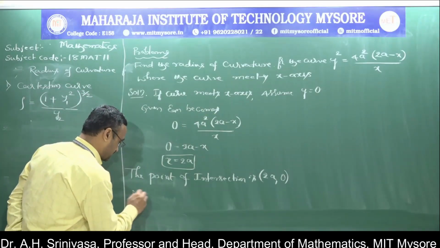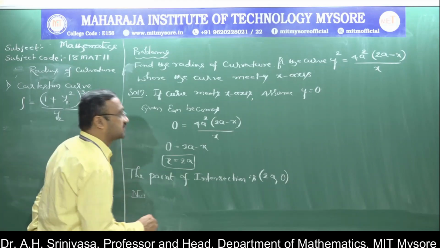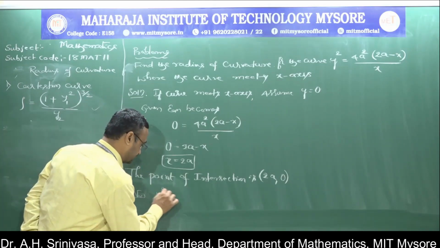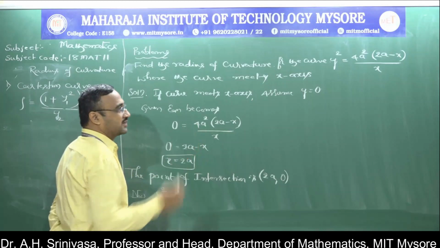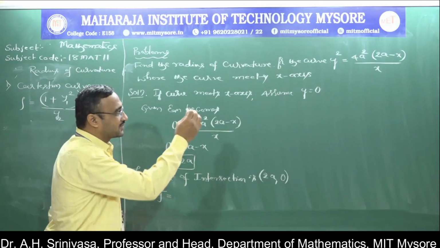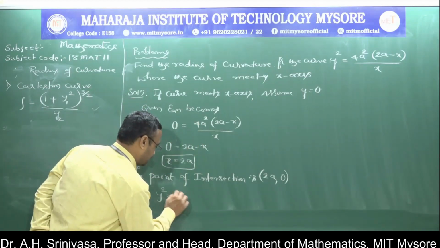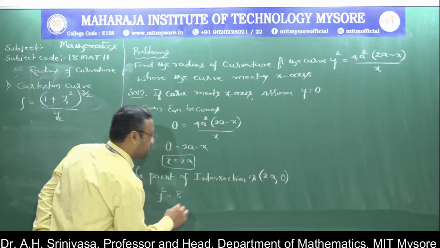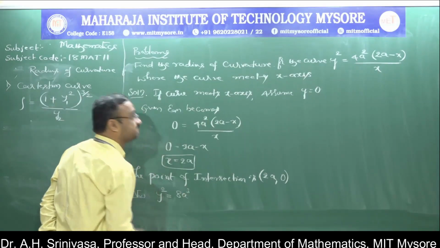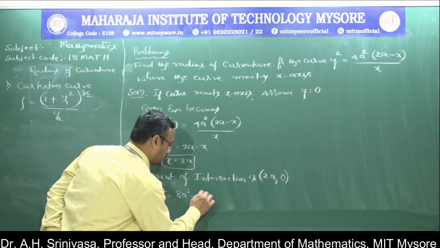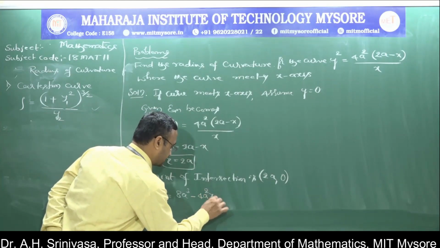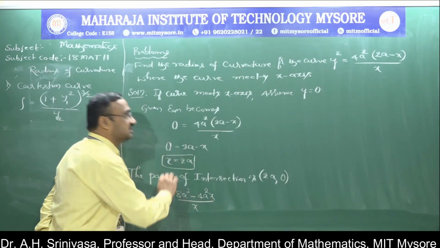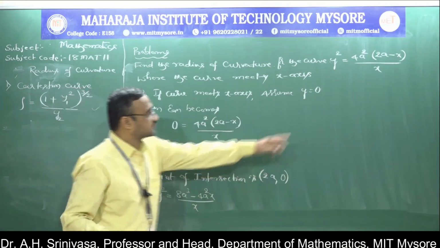Now take down the curve. What is that curve? Your y square equal to, so better to split the denominator, multiplication of that one, simplified form, that is 8a power 3 minus 4a square x, then whole divided by x. Just have to simplification of this one.